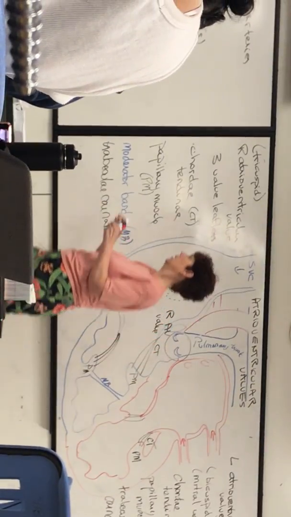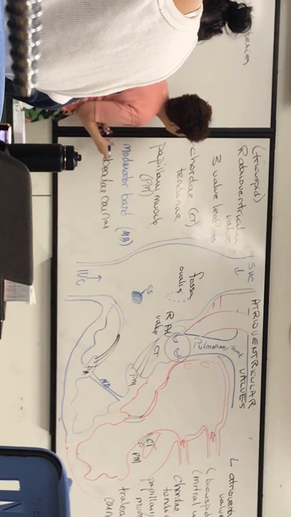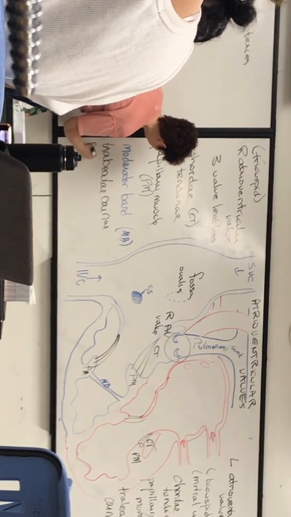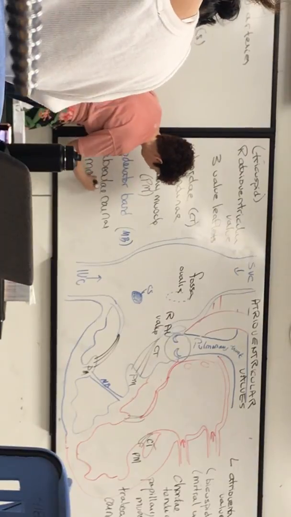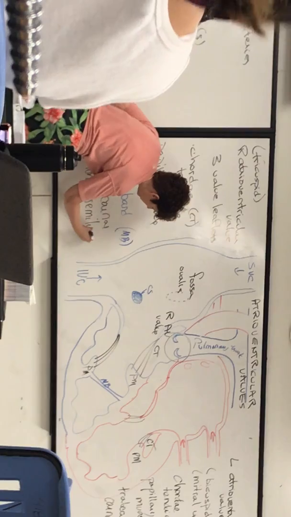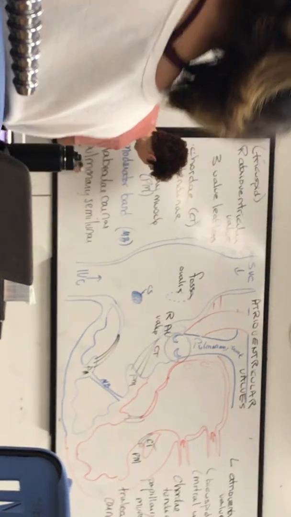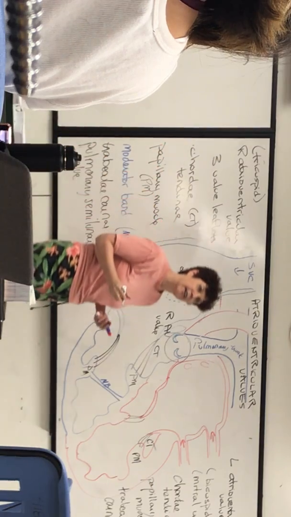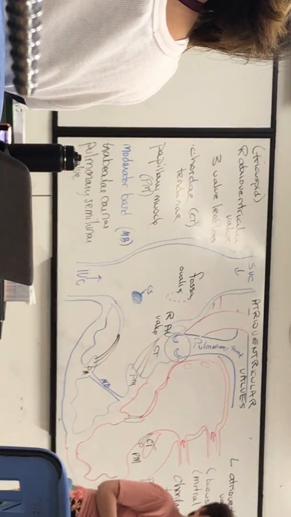So separating the pulmonary trunk from the right ventricle is this set of valves, known as the pulmonary semilunar valves. A lot of texts abbreviate that to this pulmonary valve, okay?